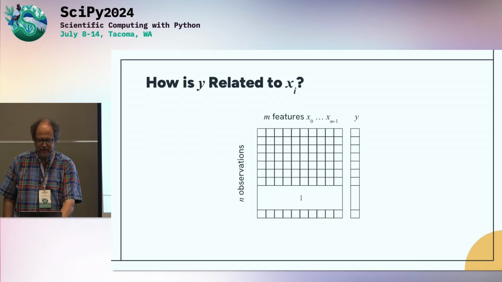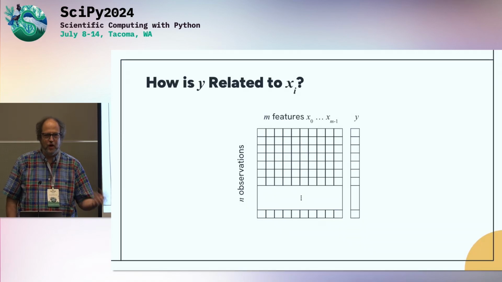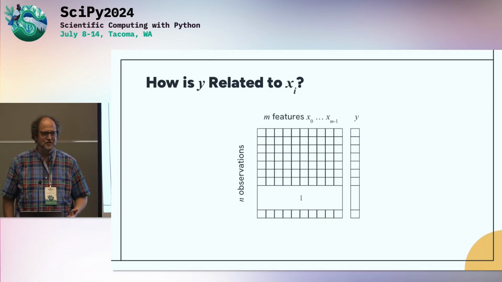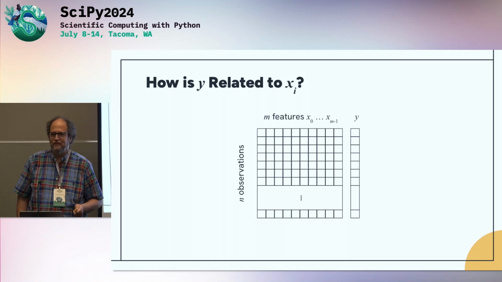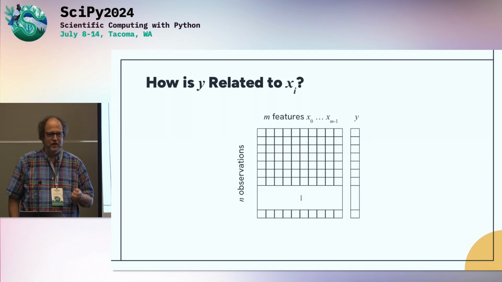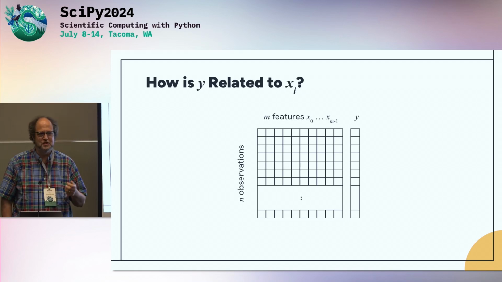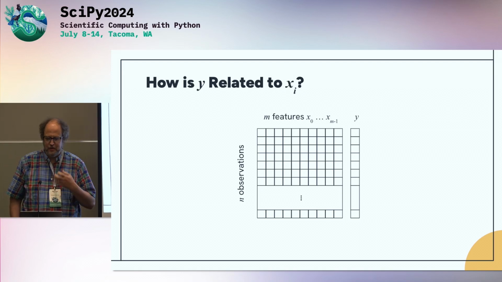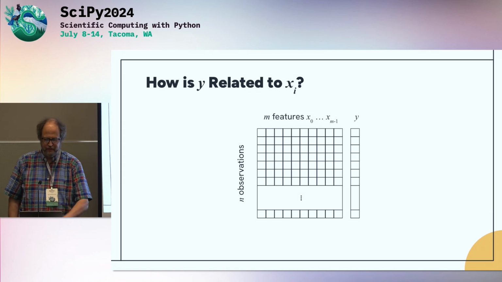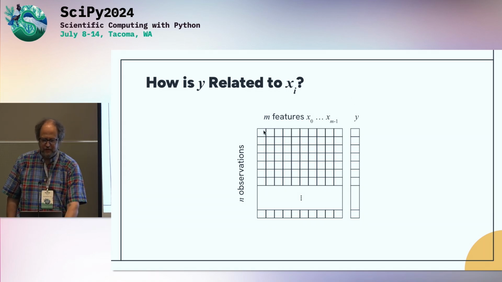Okay, so let's jump right into the problem. The problem is very simply, how is some target variable y related to any one of a series of features? I'll use the machine learning terminology here, xi. We typically have our x's in a matrix, where the features are the different columns, and then we've got some n number of observations, those are the rows going down.